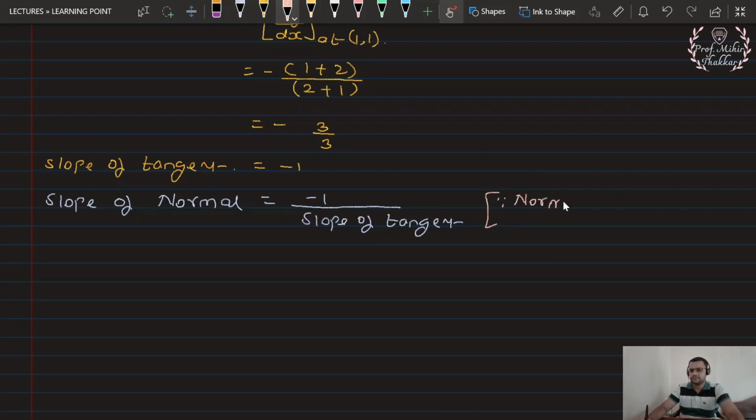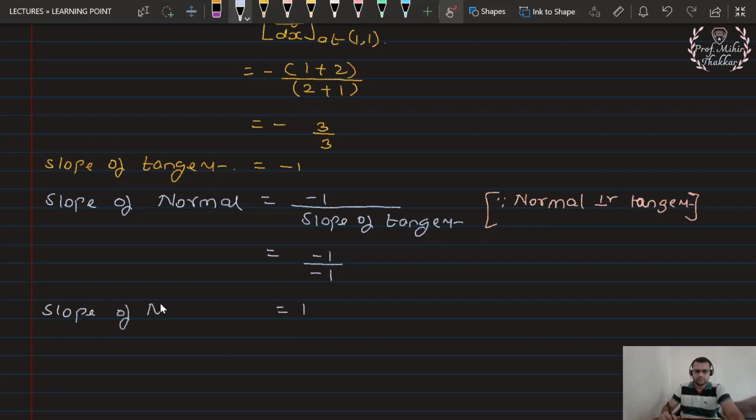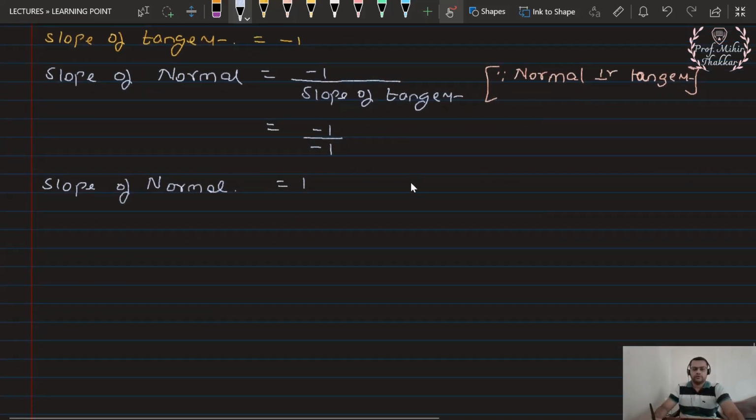Since normal is perpendicular to tangent, therefore minus 1 on minus 1, which is equal to 1. Slope of normal. So now the slope of tangent, slope of normal is available. X1, Y1 is also available in the given question. So now I can go for equation of tangent.